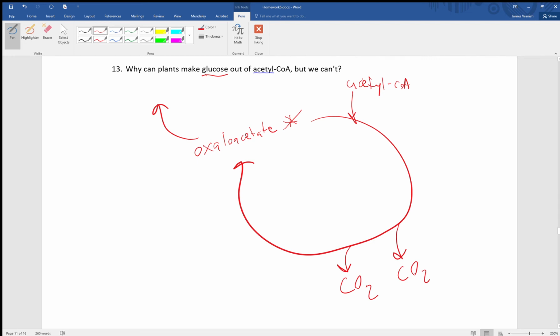So as a result, we can't actually turn acetyl-CoA into oxaloacetate because those carbons are simply being lost here. This gets into how acetyl-CoA being added to the cycle is not anaplerotic, because it's not contributing to the material that's actually physically in the cycle. Acetyl-CoA basically hops onto the cycle and then hops off again.